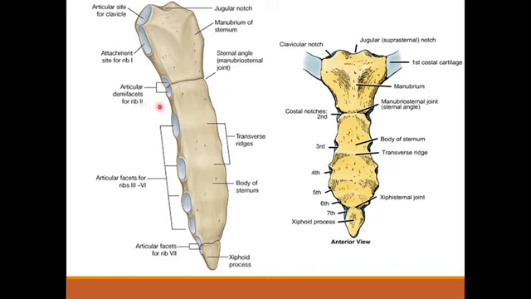This means that the second rib articulates with both the manubrium and the body. Half will be on the manubrium and the other half on the body. The lower border of the manubrium sterni will articulate with the body of the sternum, and this area we call the manubriosternal joint.